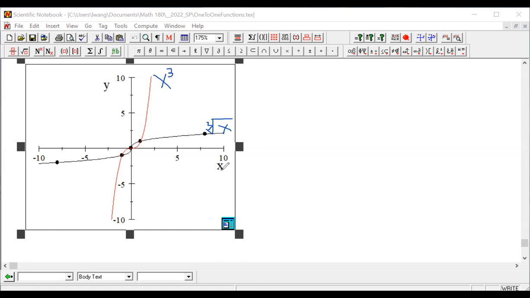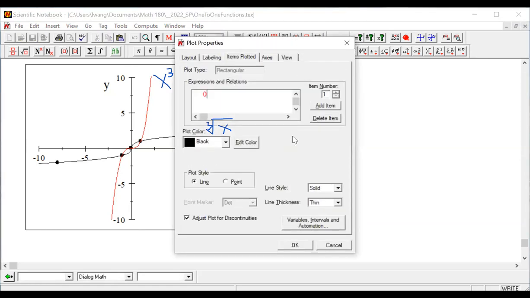When we put them together, these two functions are inverse to each other. They look symmetrical along a line. As a matter of fact, they are symmetrical with respect to a line.